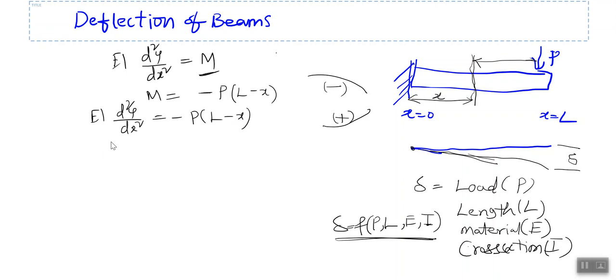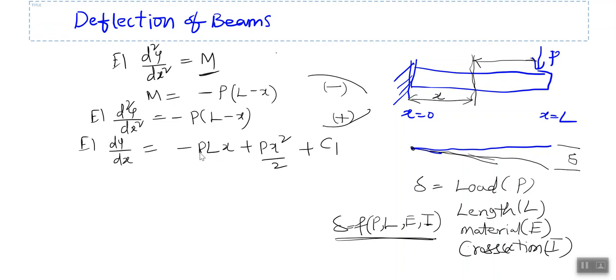If we integrate this equation once, we will get EI dy/dx = minus PL x plus P x²/2 plus a constant of integration, that is C1.